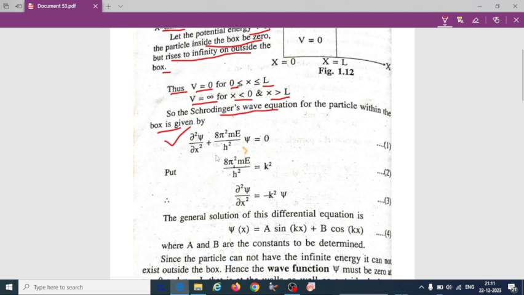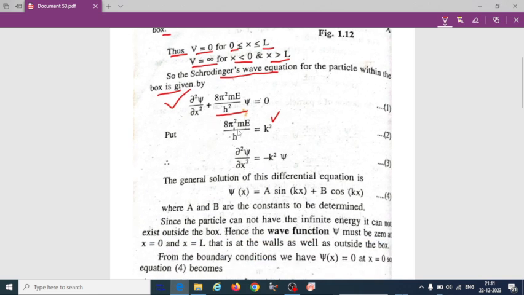So let us consider this second term as k square, a constant. If we put k square in equation 1, we will have this second order derivative along one dimension: del square psi by del x square is equal to minus k square psi.